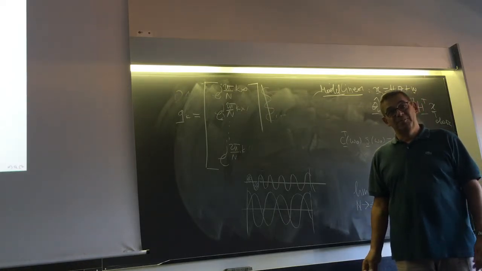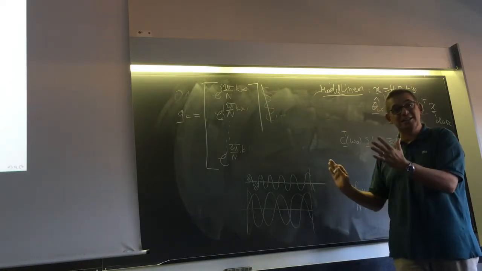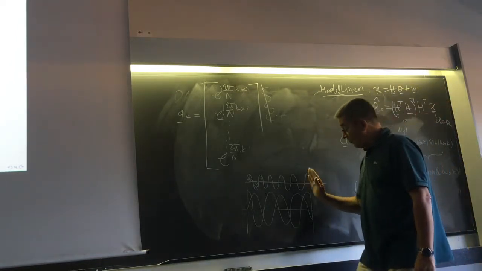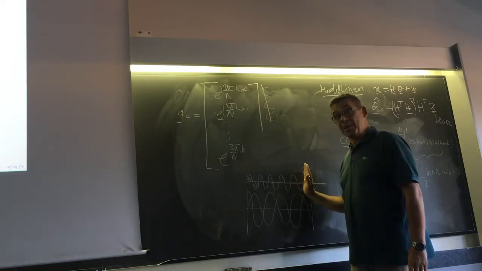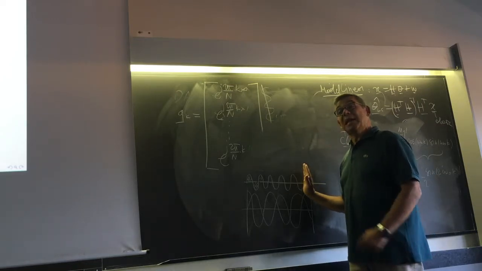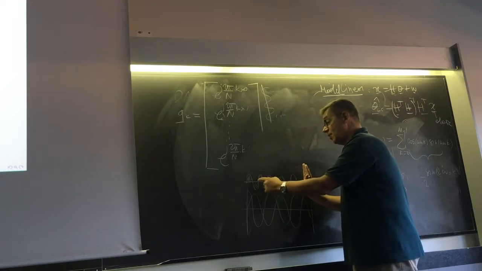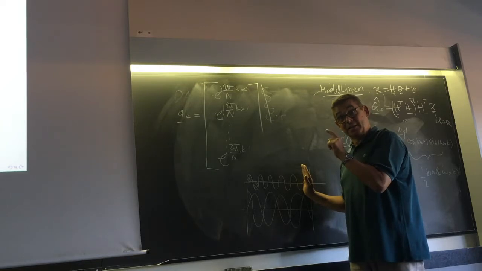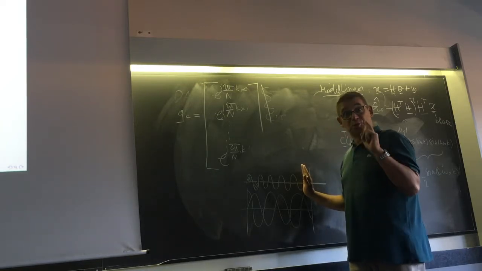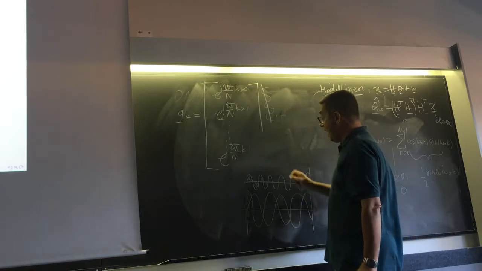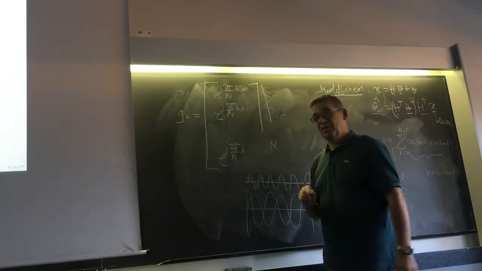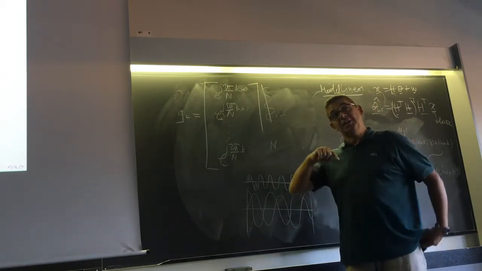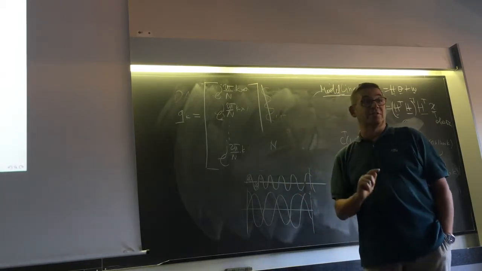Okay? But since my integral is limited in size, I need my window, my data, to fit exactly the positive and negative parts that cancel each other. That means this is true only if the interval n contains an integer number of cycles.